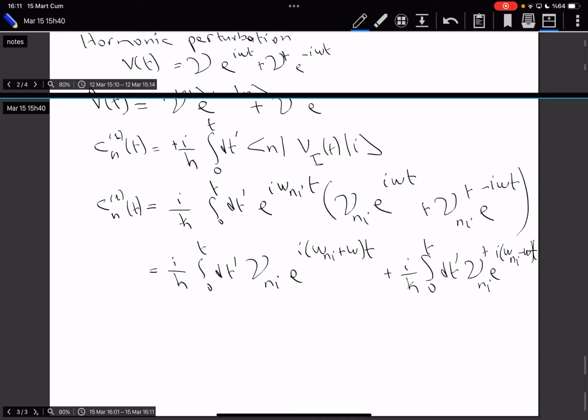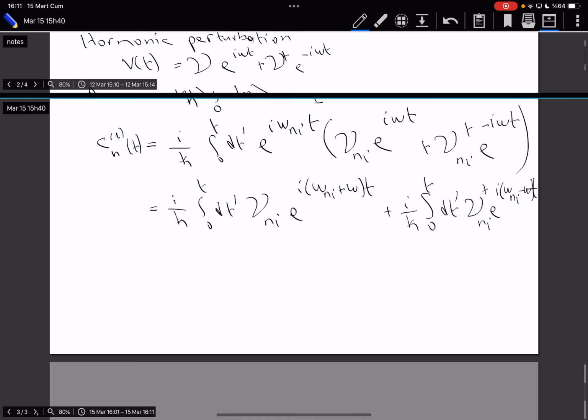So we have these two terms. Well, our earlier treatment already tells us that we will get a contribution from this exponent. If this term was alone, we will get a contribution from omega_ni plus omega equal to 0, or En is equal to Ei minus h bar omega.